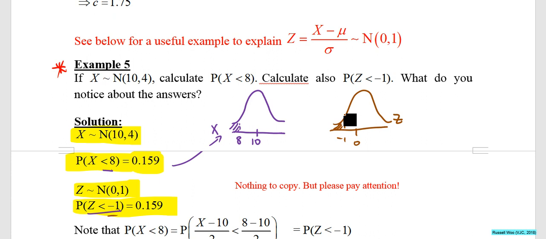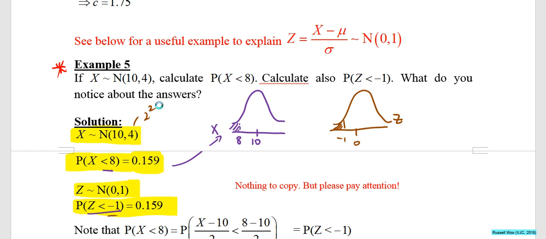Why? Let me explain. First, you can see the mean of this is 10, the mean of this is 0. Correct? The probability x smaller than 8 here is the probability that x is 1 standard deviation away from the mean, because the standard deviation is 2.